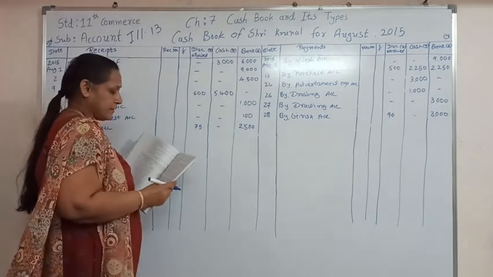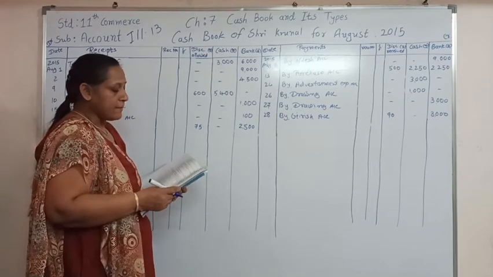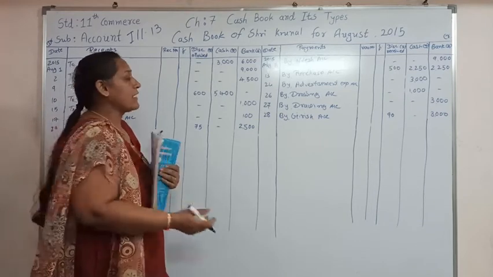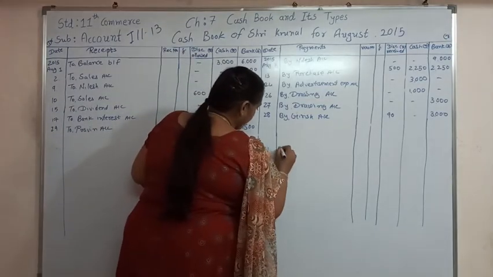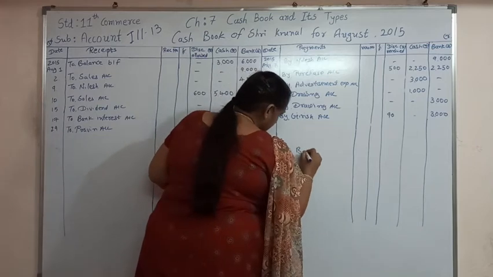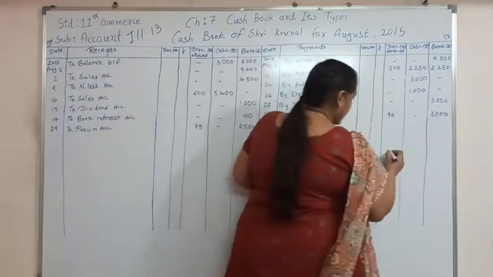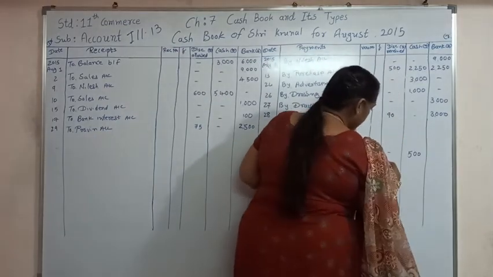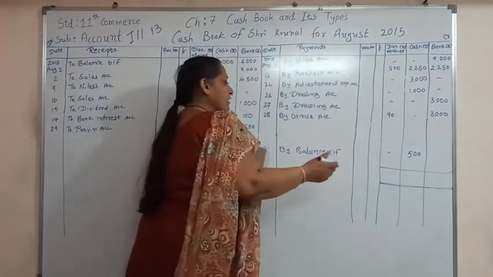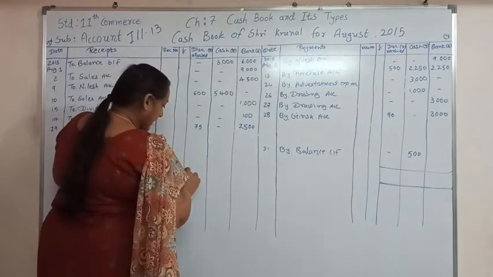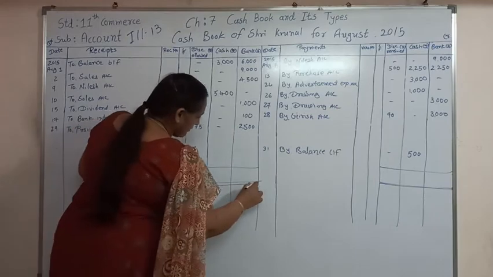Now on date number 31st, after keeping cash on hand of rupees 500, the remaining amount is deposited in bank. So here, leaving one line, afterwards we are going to write down on 31st by balance carried forward, and that amount will be 500 for cash account. As we discussed before, we have to find the balance of the cash first, then make the contra entry, and later find the balance of the bank account.